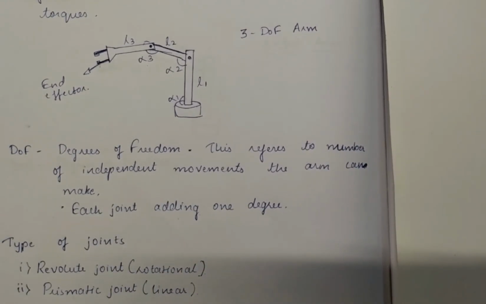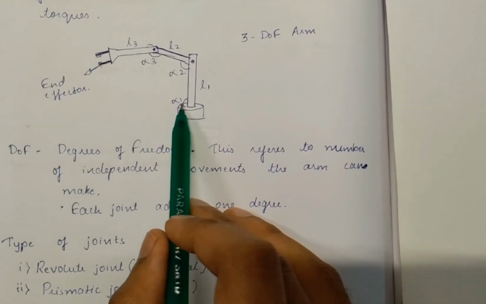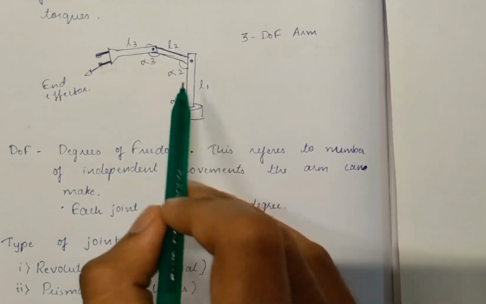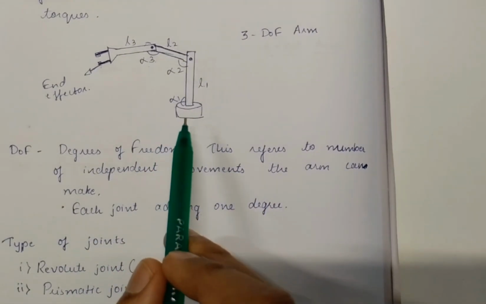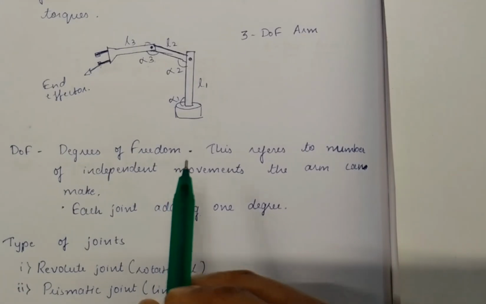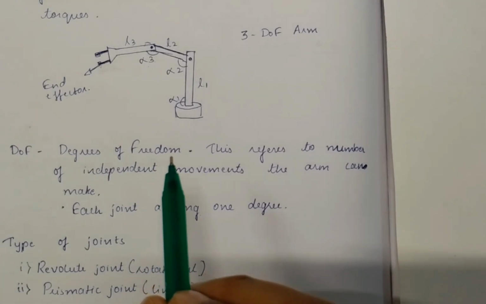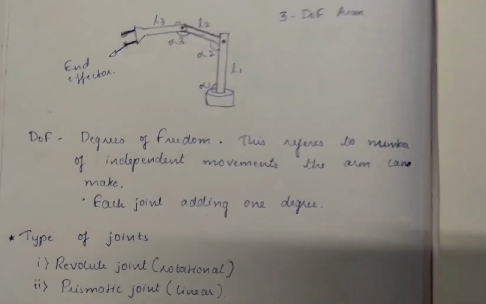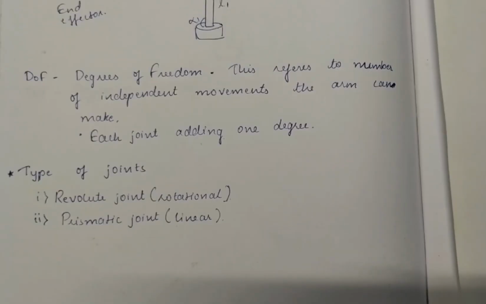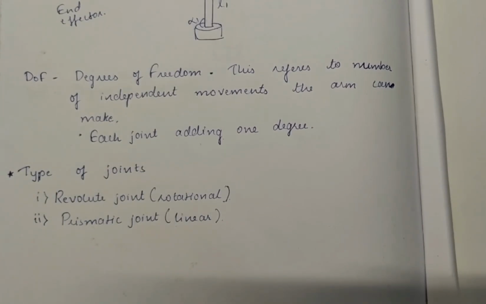For example, a simple 3-joint arm has 3 revolute joints, namely alpha 1, alpha 2 and alpha 3, as shown in this diagram, with one degree of freedom for each rotation. In practice, most robotic arms may have 4 to 7 degrees of freedom.